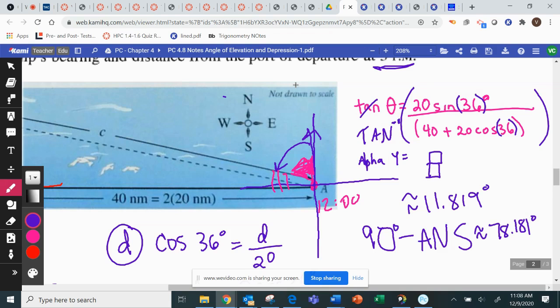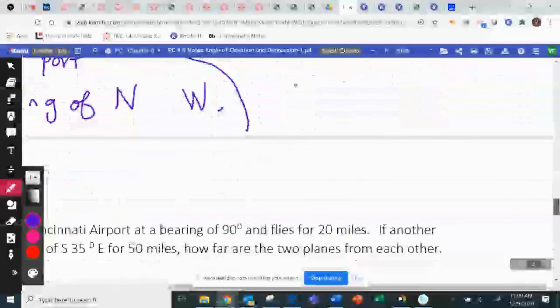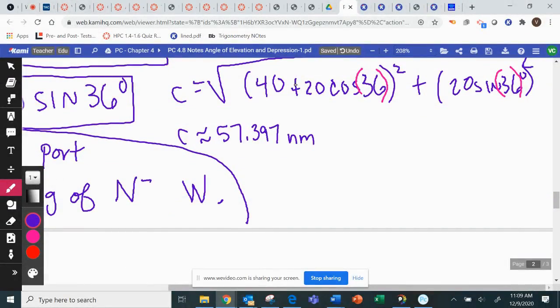So inside is the 11.8. Out here would be 78.181, about 78.2.